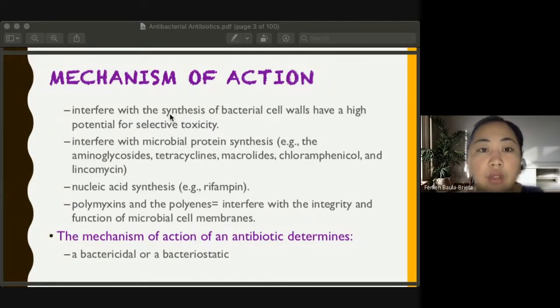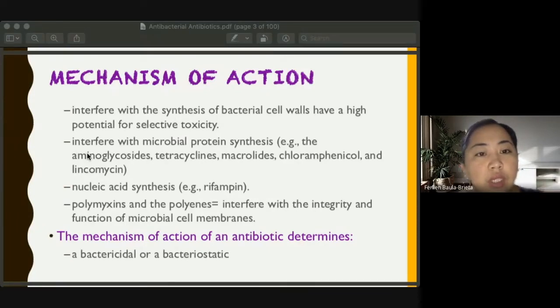The first kind of mechanism of action is interference with the synthesis of the bacterial cell wall. If the synthesis is halted, stopped, or modified by the drug, there will be weakened integrity in our cell wall, and that weakened integrity results in easier bursting of our bacterial cell and exposure of the internal environment, or cell lysis.